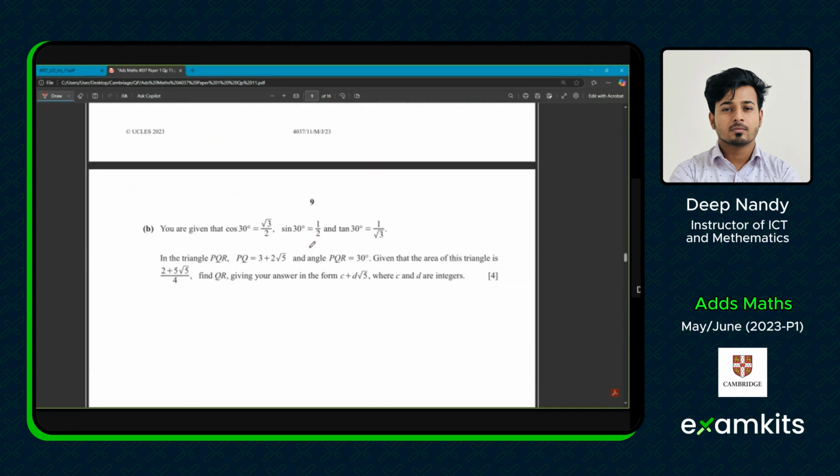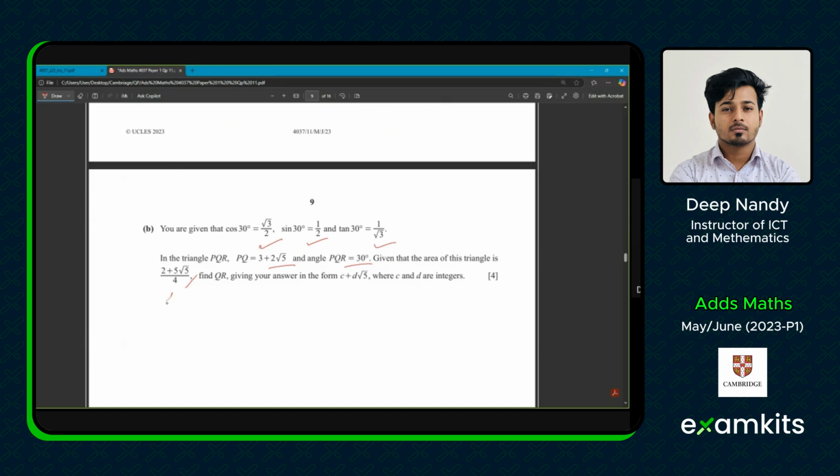Now, in the B section, we are given that cos 30 equals root 3 by 2, sin 30 equals half, tan 30 equals 1 divided by root 3. In a triangle PQR, PQ equals 3 plus 2 root 5, angle PQR equals 30 degrees. Given that the area of this triangle is given like this, find QR.